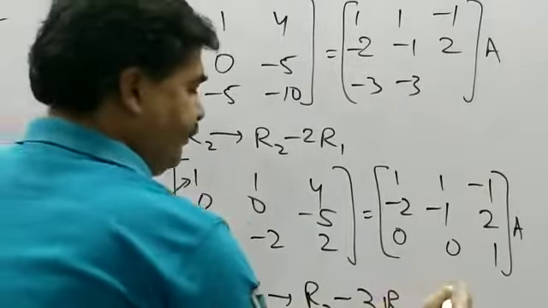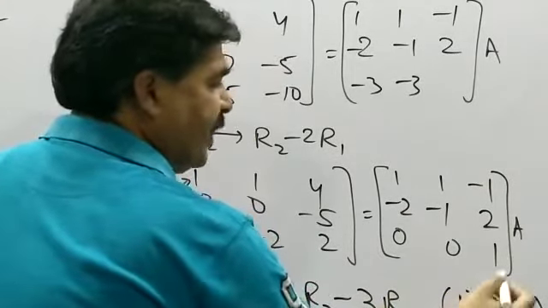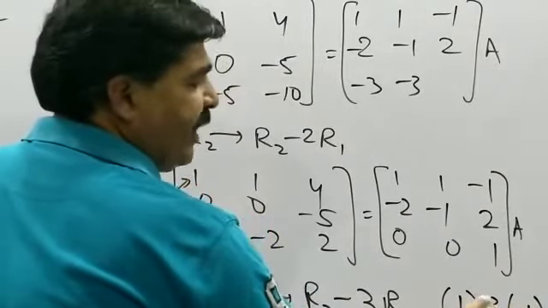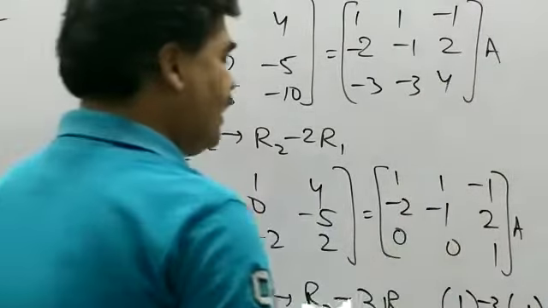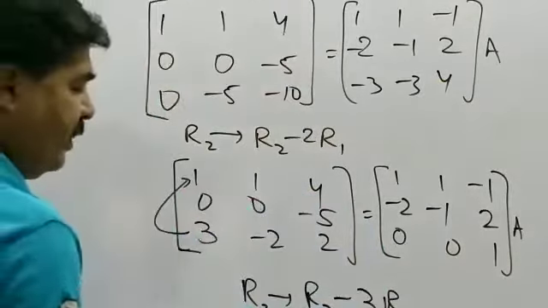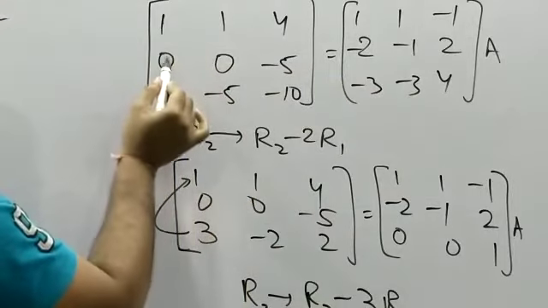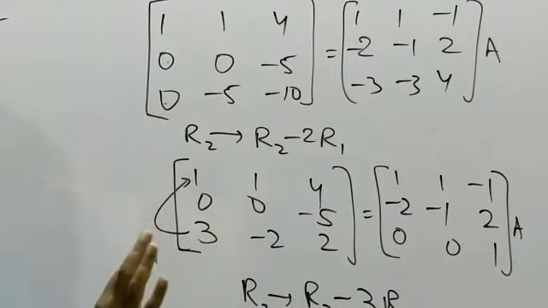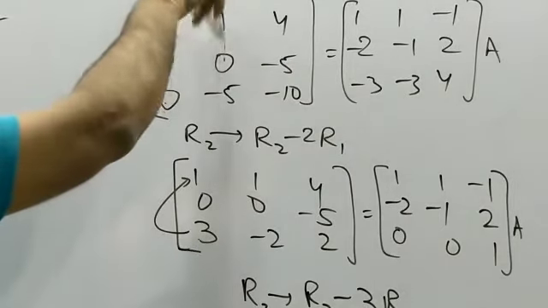So this is R3 minus 3R1: 1 minus 3 times minus 1, minus minus plus, means 4. Clear? So by the end of this, see your first column is 1, then 0 and then 0. It is done. Clear? That's it. Then we'll come to the other part.